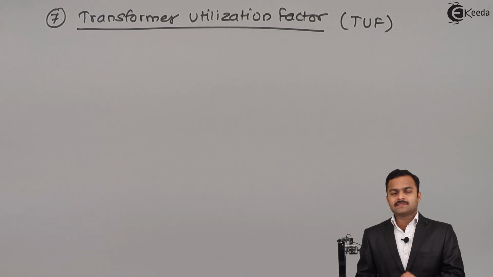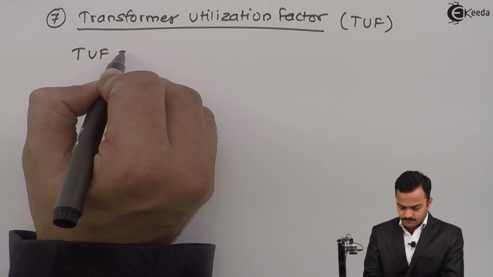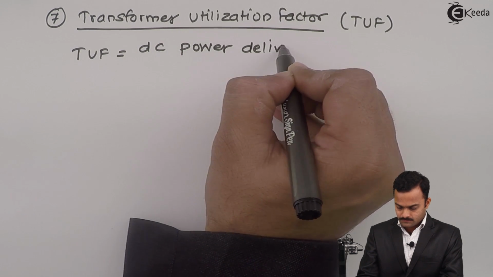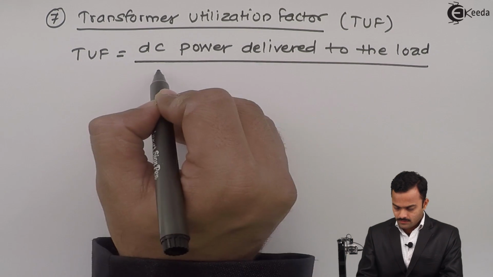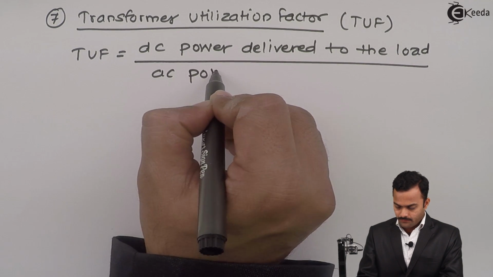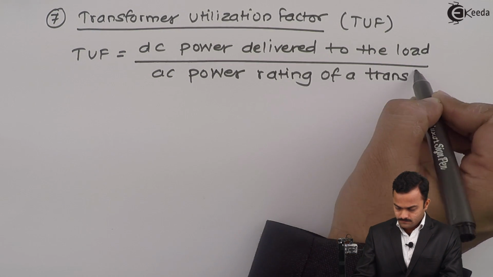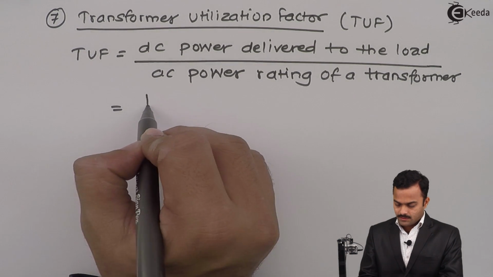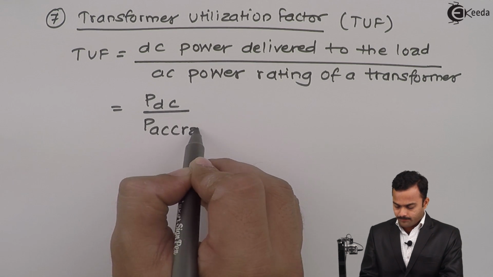So, TUF is the indication of what is the utilization of a transformer, and that is given as DC power delivered to the load upon AC power rating of a transformer. Now, DC power is PDC and AC power rating is PAC rated.